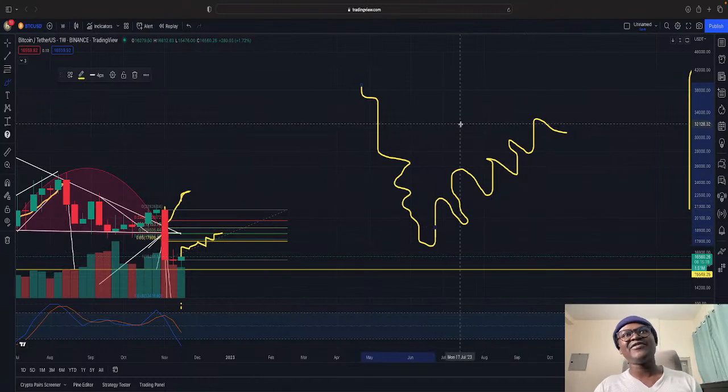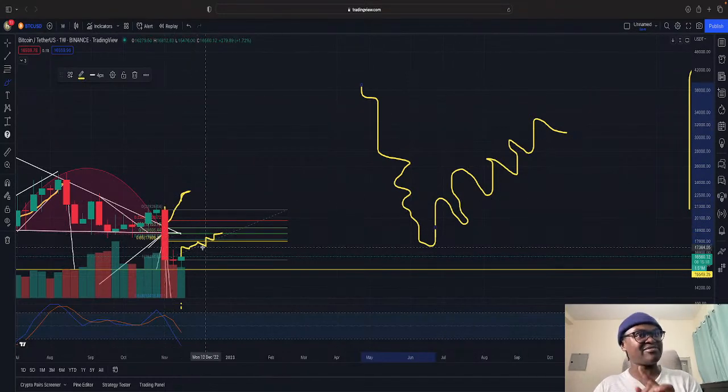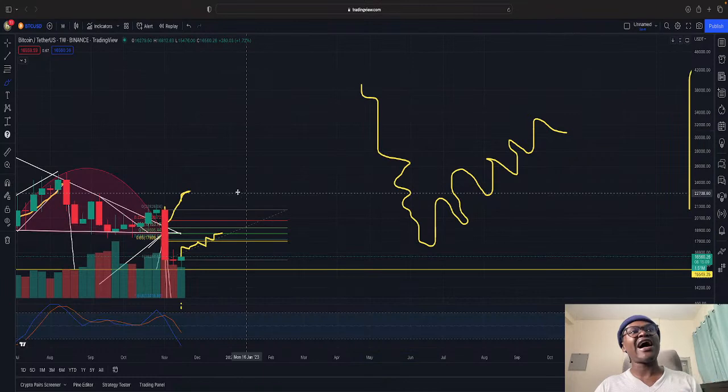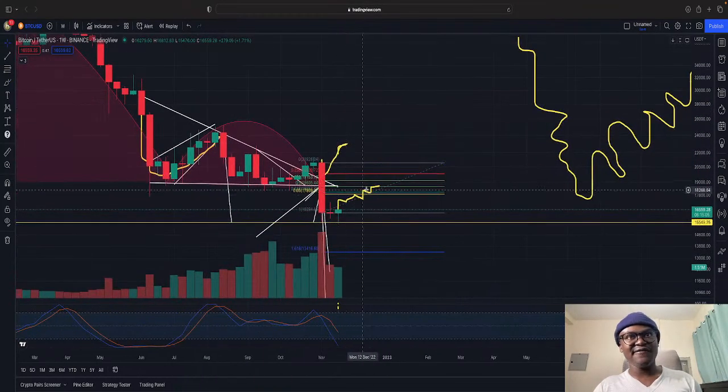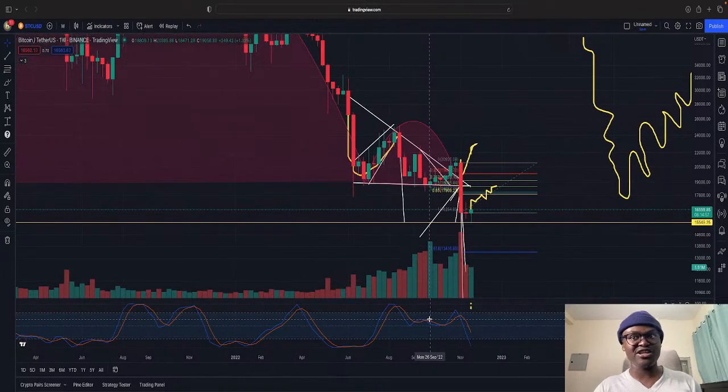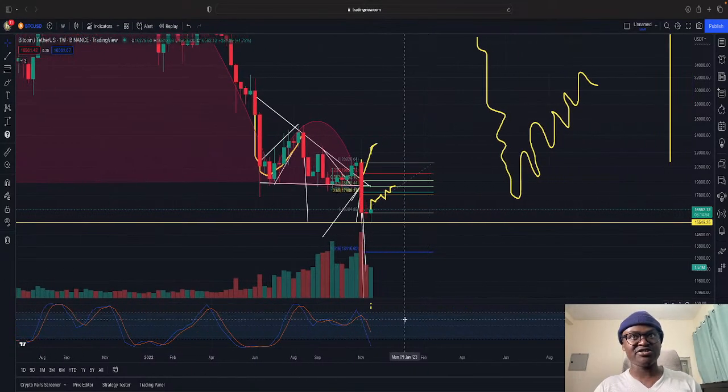So even if it retraces 50% from here, except it comes up here, retraces the 50% and continues to go up, which will be highly unlikely. Why? Because if it retraces 50% here, even on the weekly, it will already be in the overbought. We are seeing that the weekly here is already getting closer and closer to the undervalued territory.